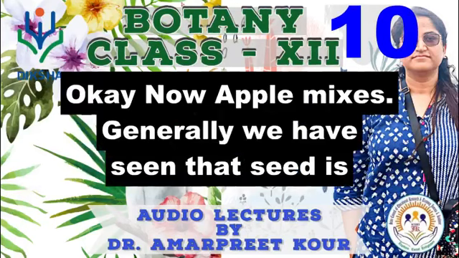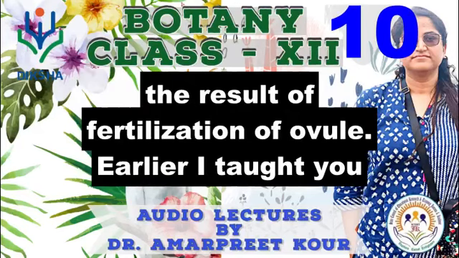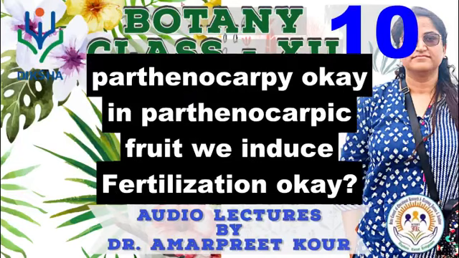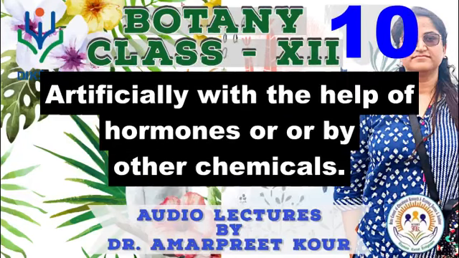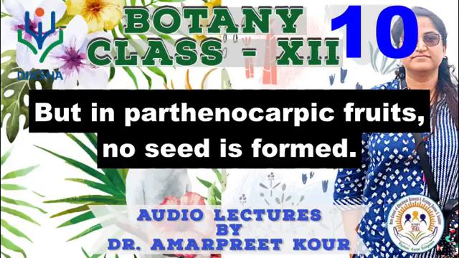Now, apomixis. Generally, we have seen that seed is the result of fertilization of the ovule. Earlier I taught you parthenocarpy. In parthenocarpic fruit, we induce the fruit artificially with the help of hormones or other chemicals, but no seed is formed.